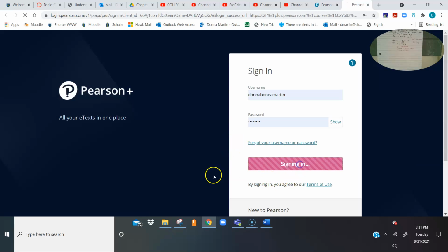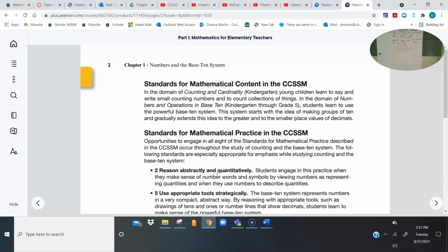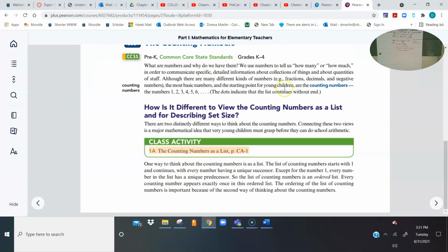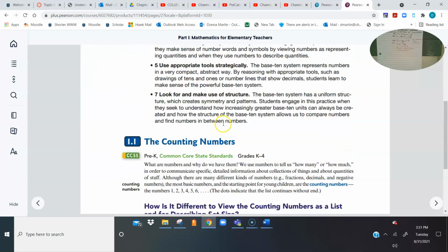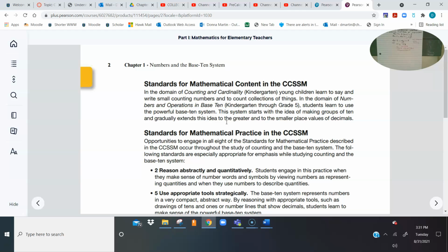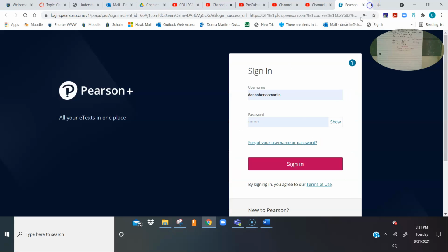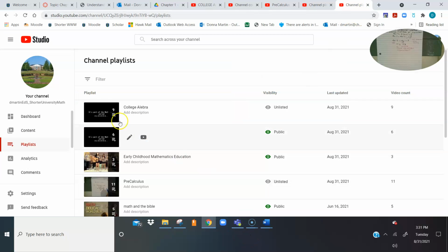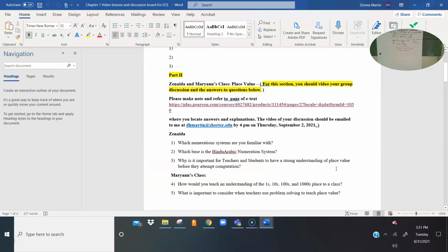You will have to sign in with your account information. When you sign in, you will see notes. That's what I mean. Make note and refer to that page of your e-text.